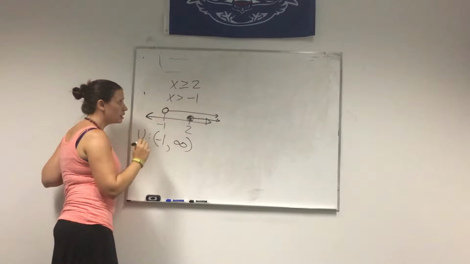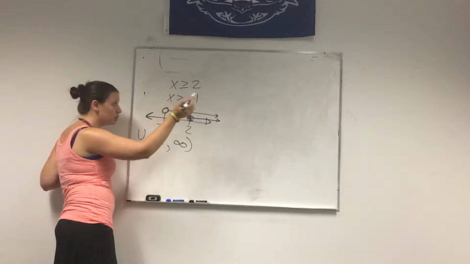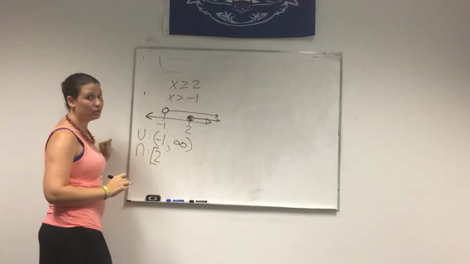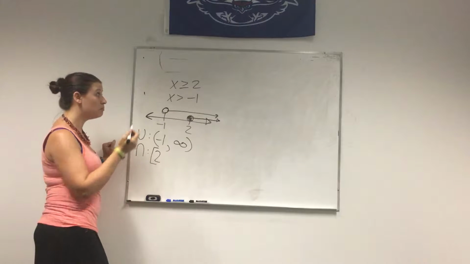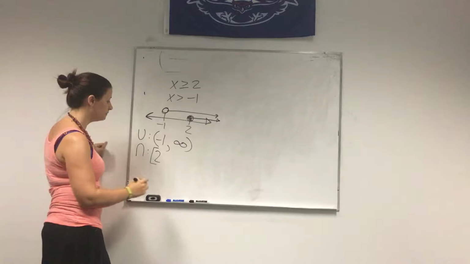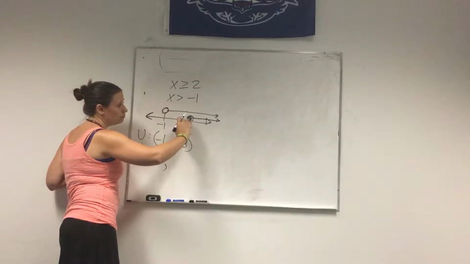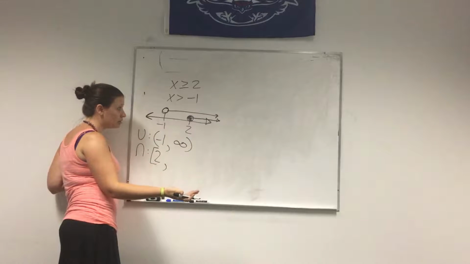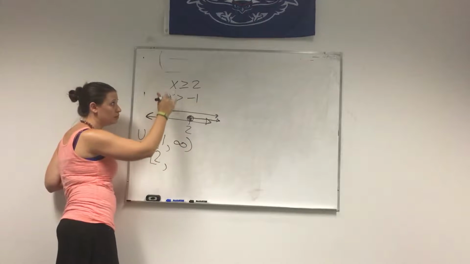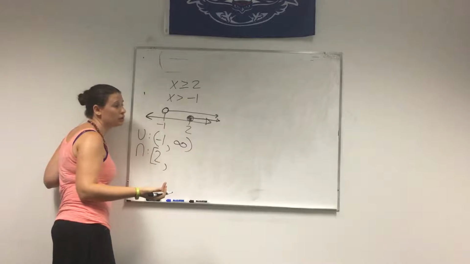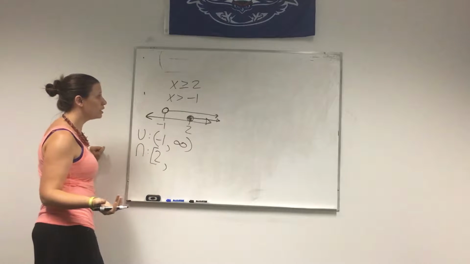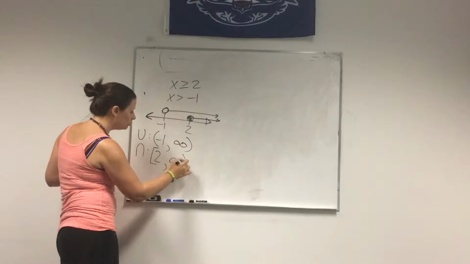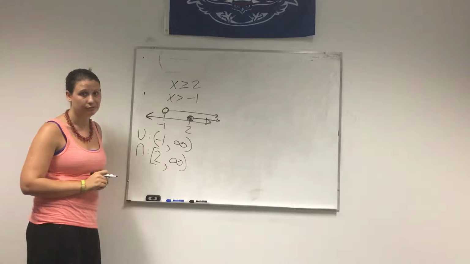Well, 2 is greater than or equal to 2, and 2 is greater than -1. So 2 is allowed in the intersection because it works in both inequalities. Now again, it goes all the way forever until infinity. So that means infinity works for both groups, right? Infinity is greater than or equal to 2 and greater than -1. So that is the intersection.